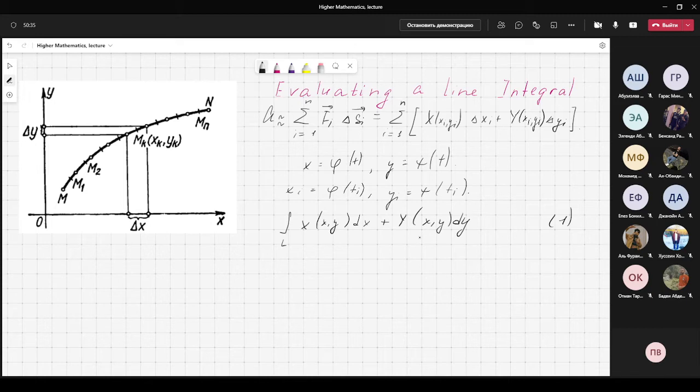We give without proof the existence theorem of a line integral. Existence theorem of a line integral.